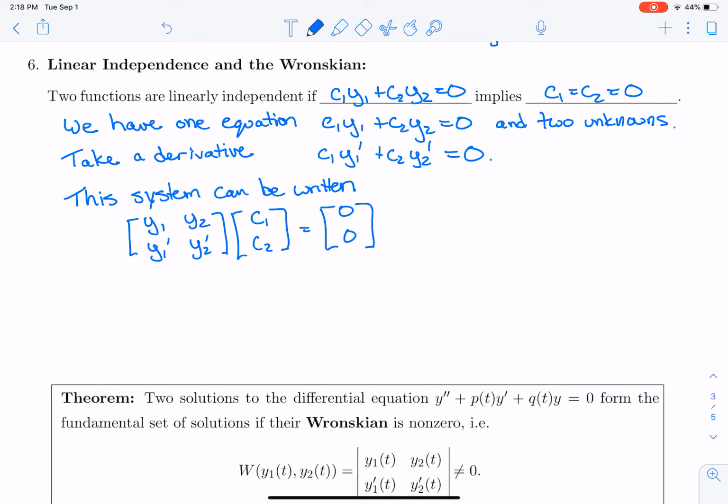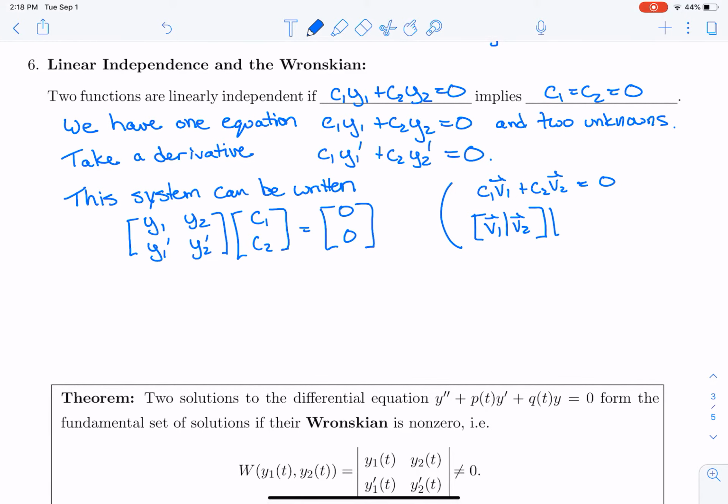By the way, kind of as a side note, when we had two vectors, so let's say we did c1 v1 plus c2 v2 is equal to 0, then what we would have done is formed a matrix v1 v2, whose columns are the two vectors v1 and v2.